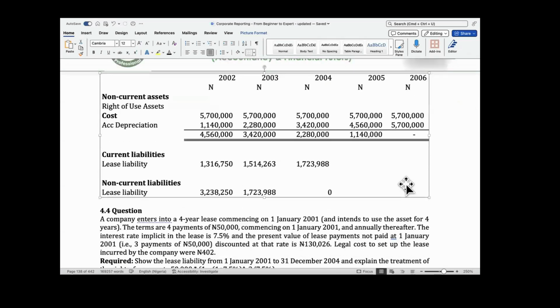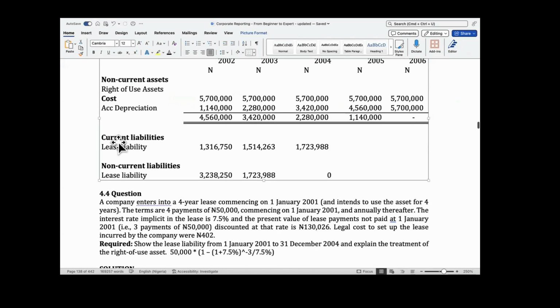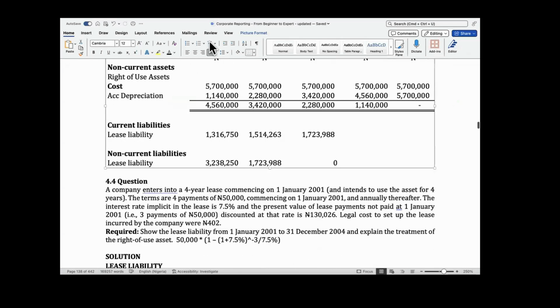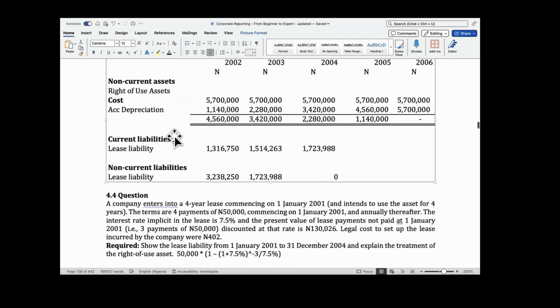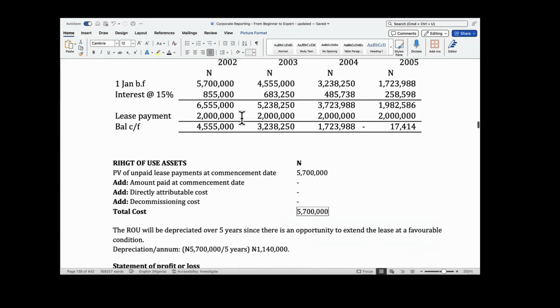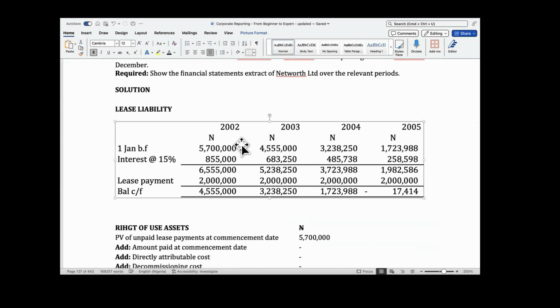On the liability side, you will see that I split this liability into current and non-current. Why did I split it? The reason is that when you have a lease transaction, you are expected to do that. It's compulsory that you split, because we can easily tell with the schedule we did for the lease liability how much is due next year and how much is due after more than 1 year.